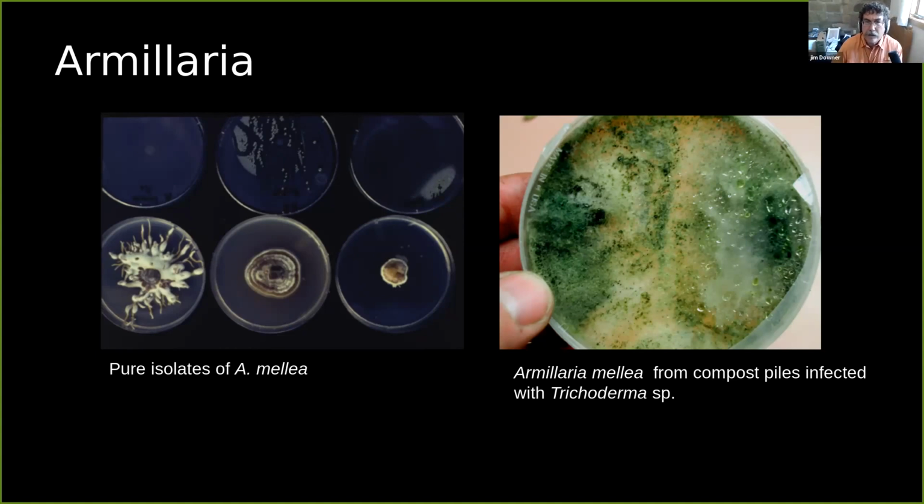This is a Petri plate where I was trying to get pieces of Armillaria that we had buried in mulch piles to grow and see if they were still alive after a certain time. And we were able to show in that research, we repeated several times, that just within a few days, almost all of the mycelium of Armillaria becomes colonized with Trichoderma.